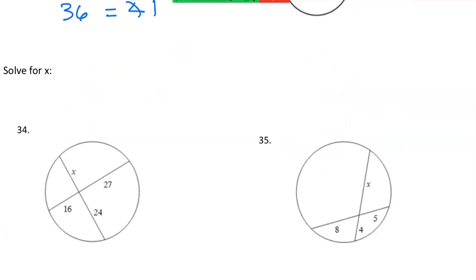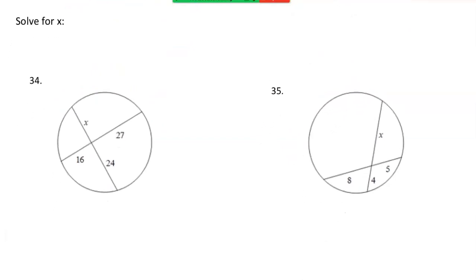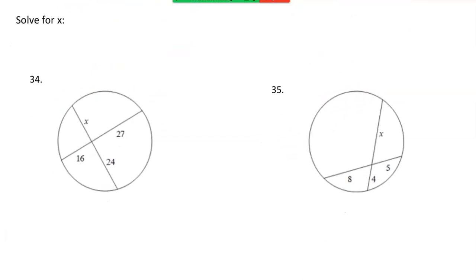Here you have chords that are crossing inside. What happens here in terms of the x values is the following. I have no angles involved at this point. So I'm going to say the segment here, so let me highlight some things. The two numbers that are part of this segment multiply together.